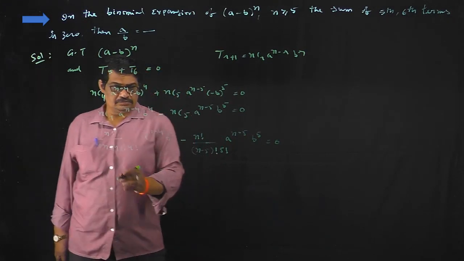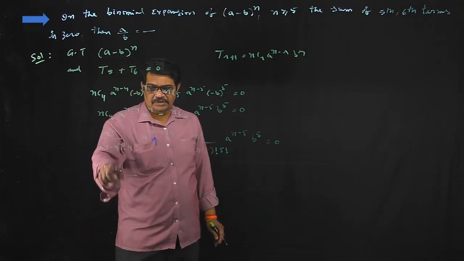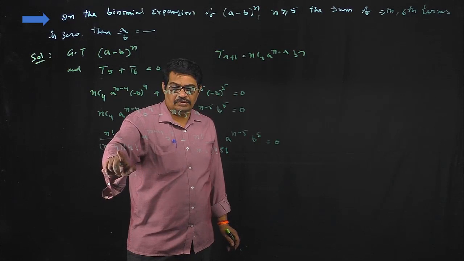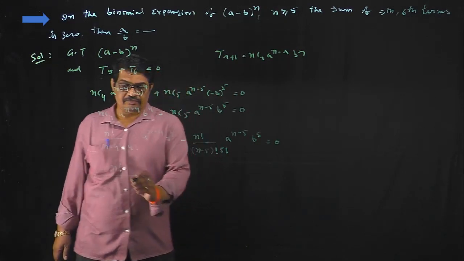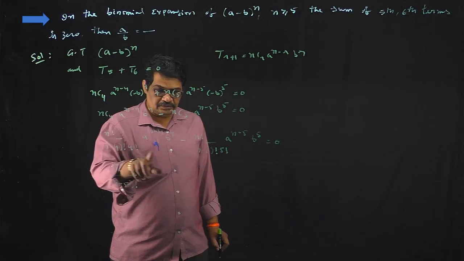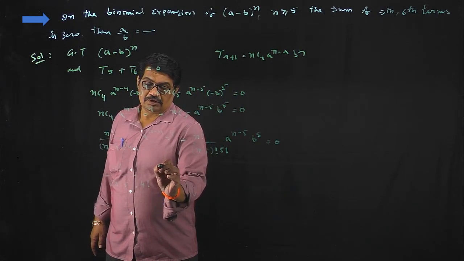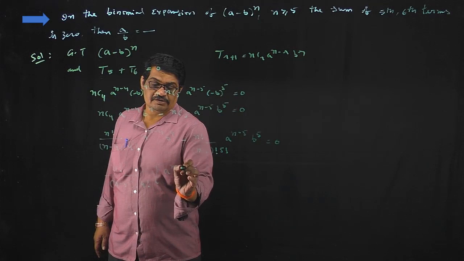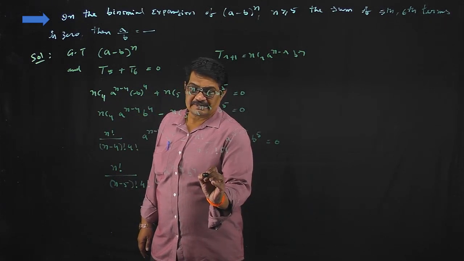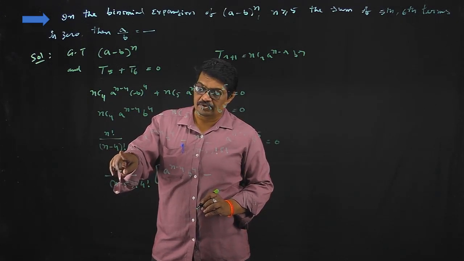Now we take common from these two. Here n factorial is common, and (n minus 4) factorial can be written as (n minus 4) into (n minus 5) factorial.